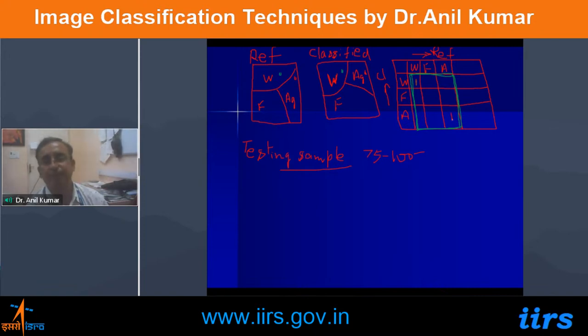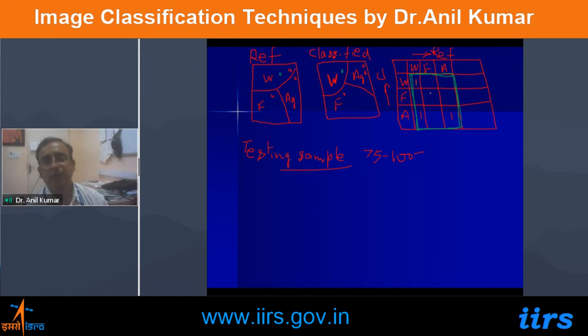This will come here. Then you take a third sample somewhere here. On the reference map it is water, and on the classified map it turns out to be agriculture. It will come here. Then you take a fourth sample, and here it is forest and forest.